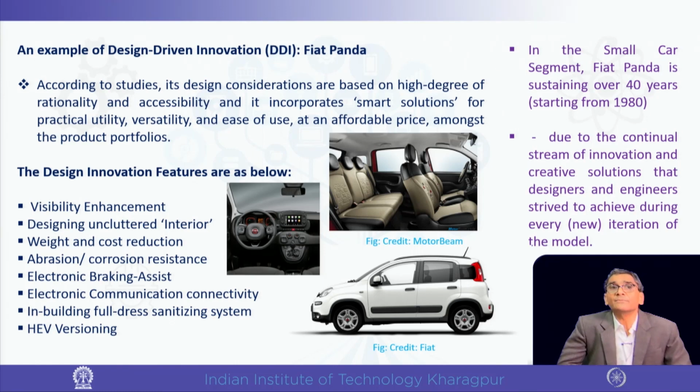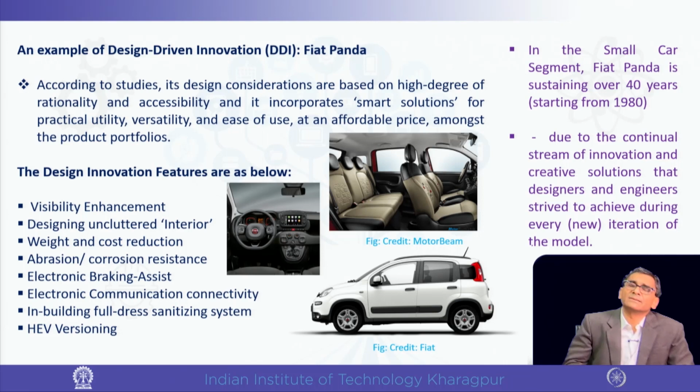There is an electronic braking assist within a certain distance, which was quite progressive at that point in time. Through a lidar sensor it assesses that a car is close, so accordingly action is to be taken. So electronic braking assist, and electronic communication connectivity, because now everybody feels that everything should be connected all over. We will show how they did that.